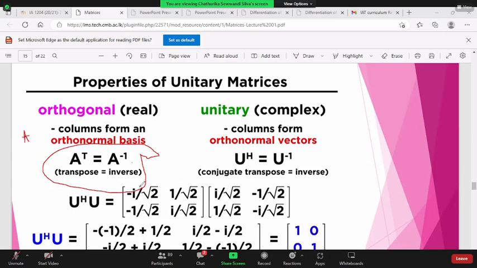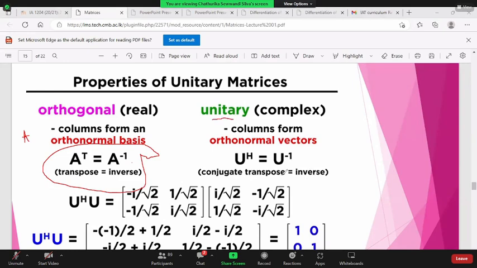If the transpose matrix is equal to the inverse matrix, then we can say that the matrix is orthogonal. Under the unitary case, unitary means we are dealing with complex numbers.